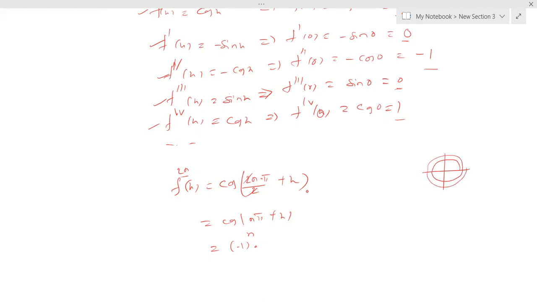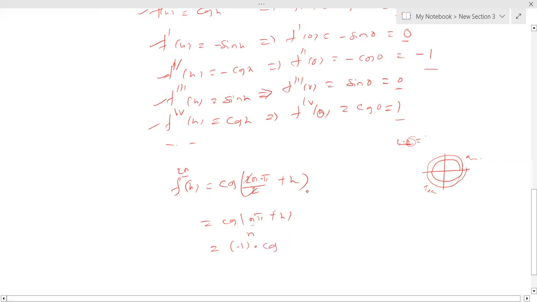That means the angle falls either into the second quadrant or into the first quadrant. In the first quadrant, all are positive, and it always falls there when n is an even number. Even means it becomes positive into cos x.